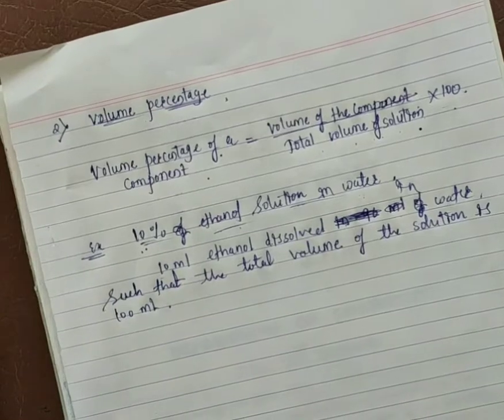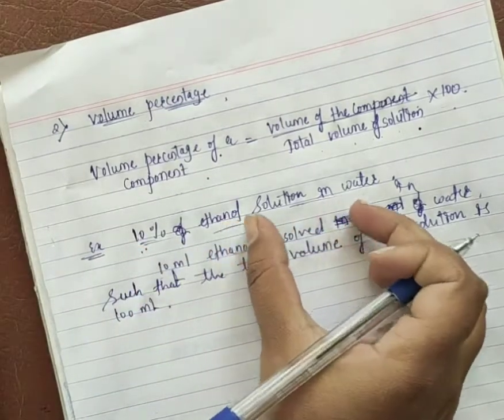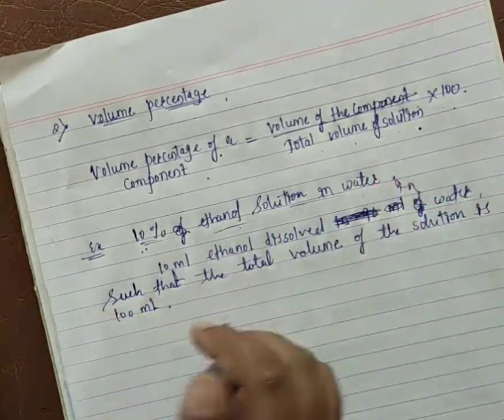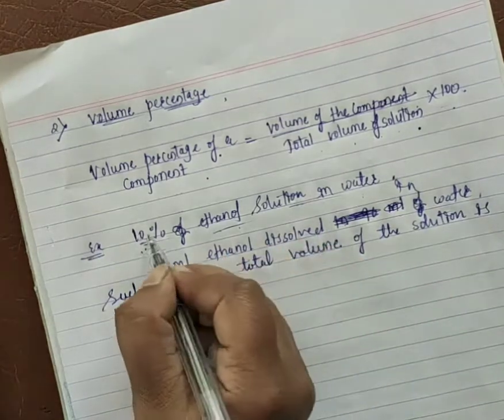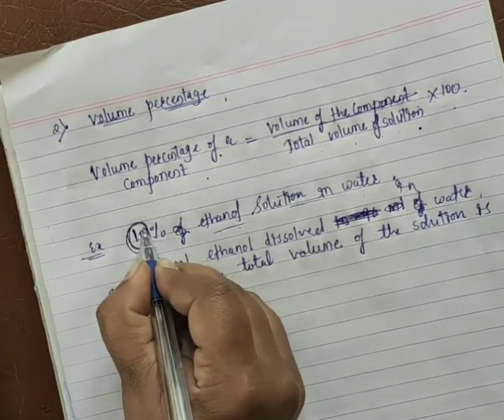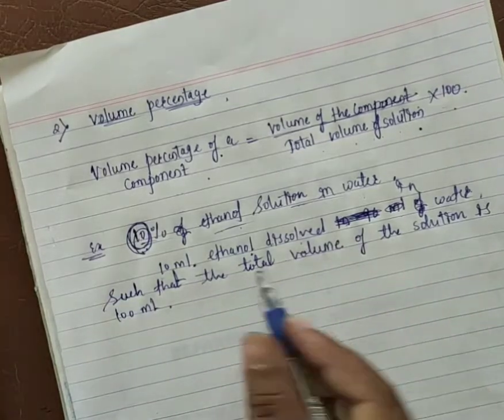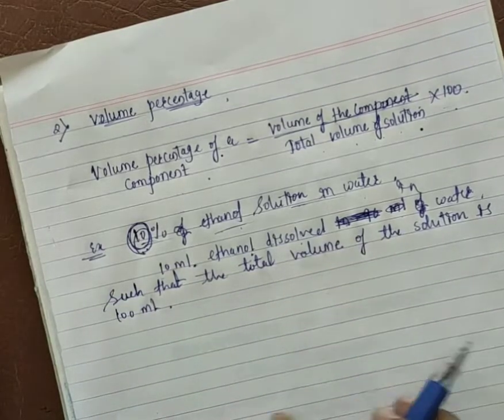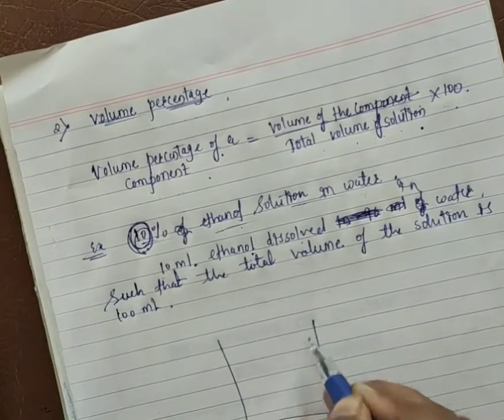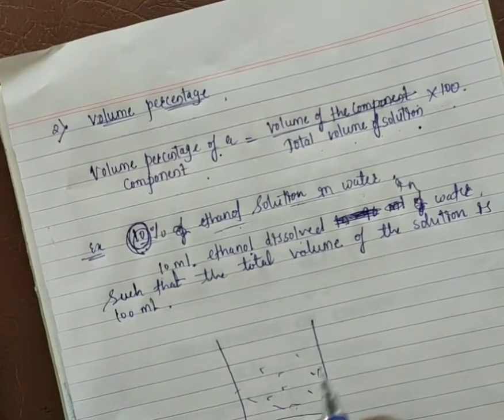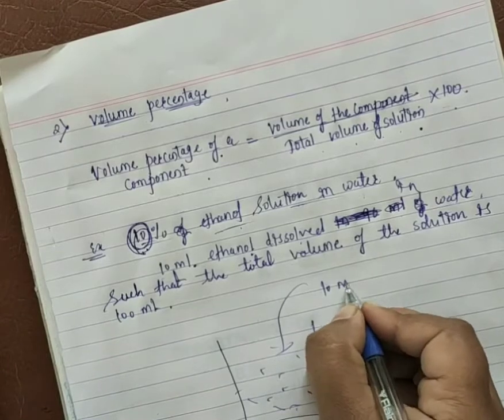Okay, if they give the 10% ethanol solution in water, it means we have 10 ml ethanol dissolved in water, such that the solution which is formed, suppose I take water and add 10 ml ethanol.